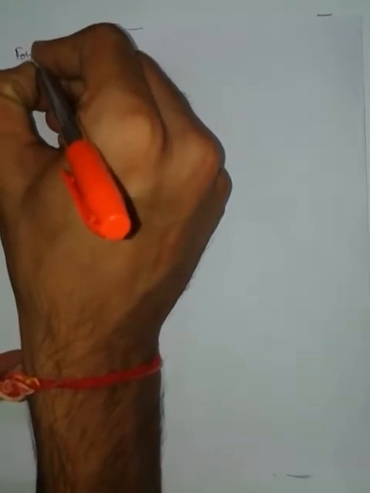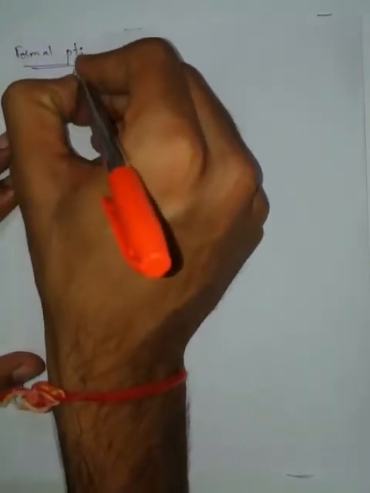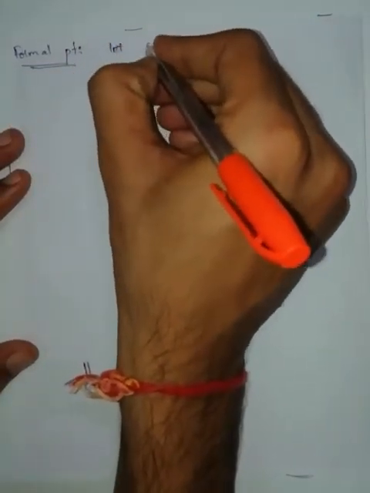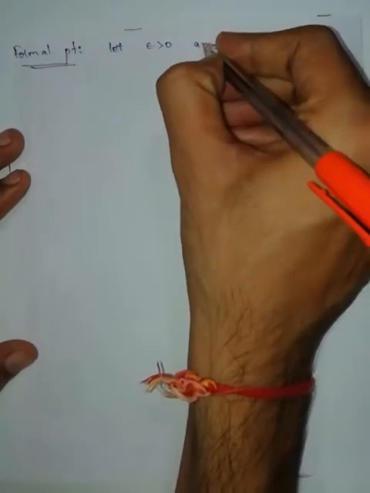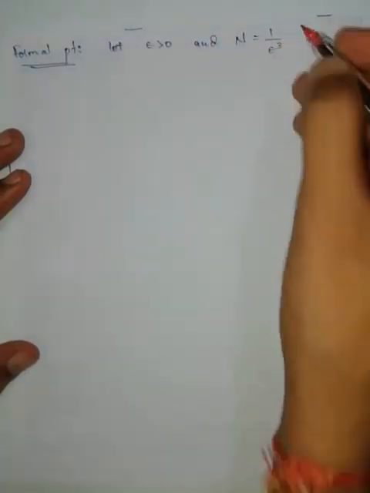Formal proof. Let epsilon greater than 0 and capital N is equal to 1 by epsilon cube.